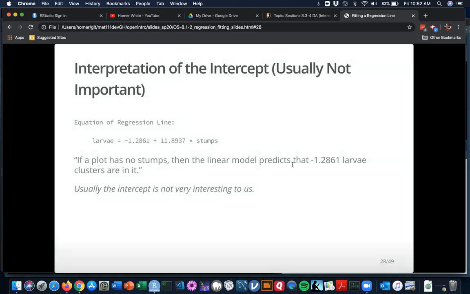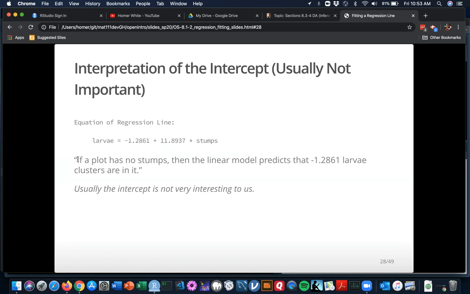The y-intercept can be interpreted too. It's just usually not very important to do it. The y-intercept is what the y value is going to be when the x value is 0. Like when there's no stumps, then you get out here a 0 for this term. And so the regression line would be at level negative 1.28.